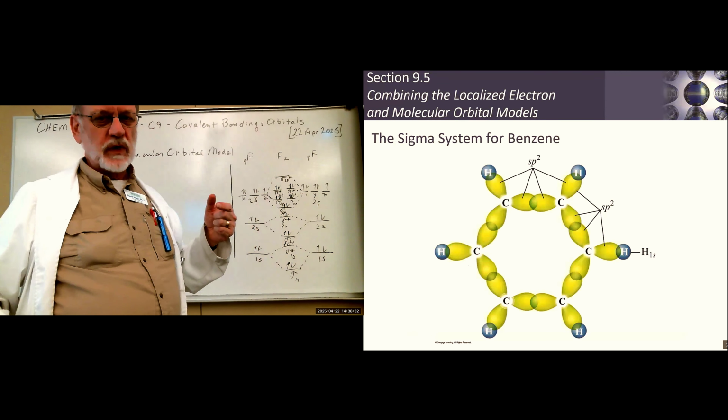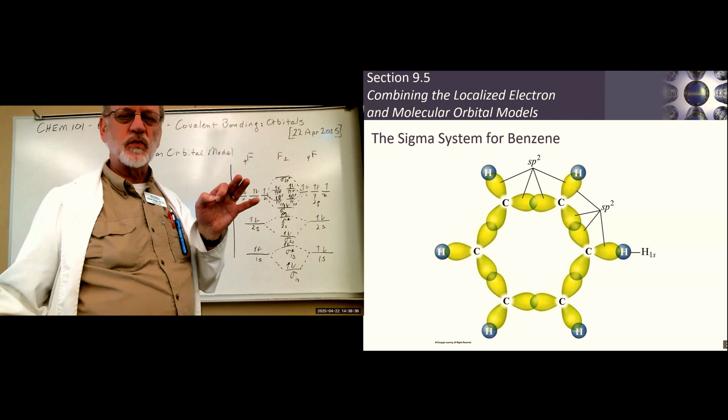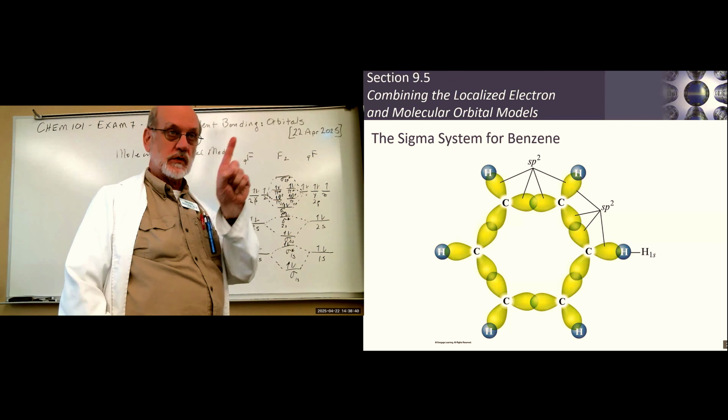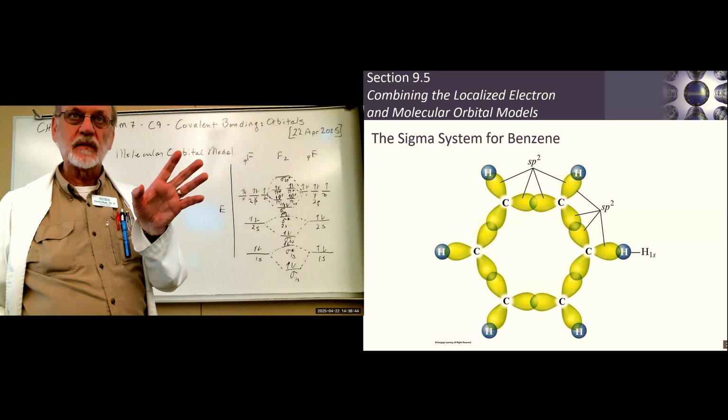So we can hybridize in this way, and then when we delocalize, the sp2 would leave one unused p orbital.